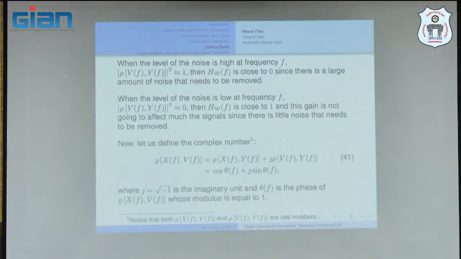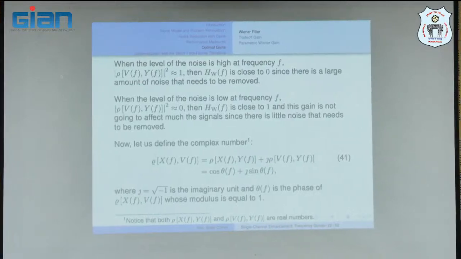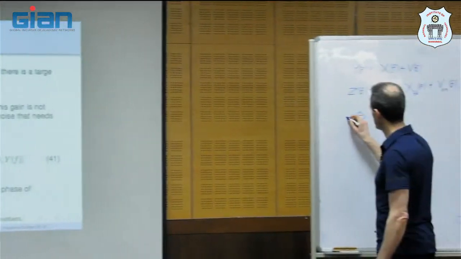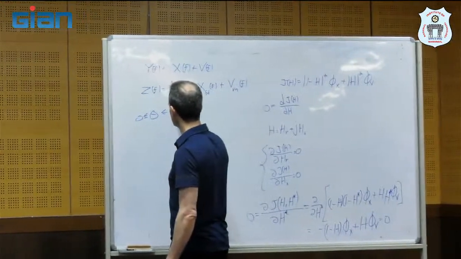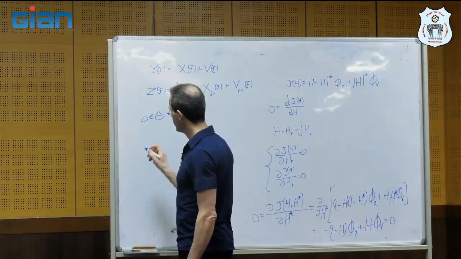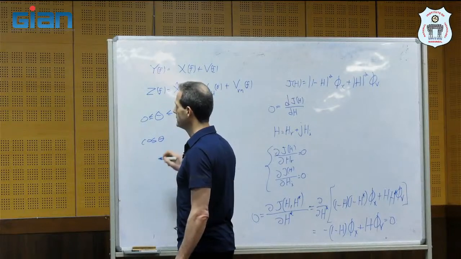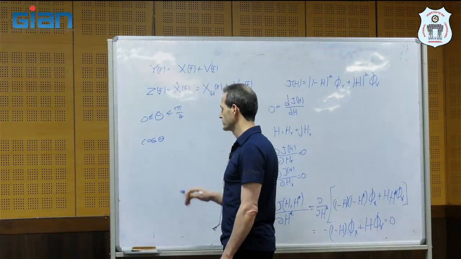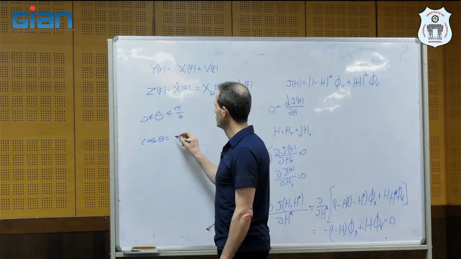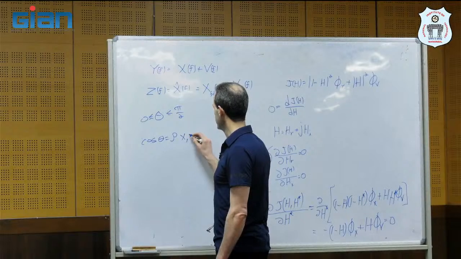theta is between 0 and 90 degrees, pi over 2, such that cosine theta, for a certain frequency, narrowband, equals the coherence between x and y.